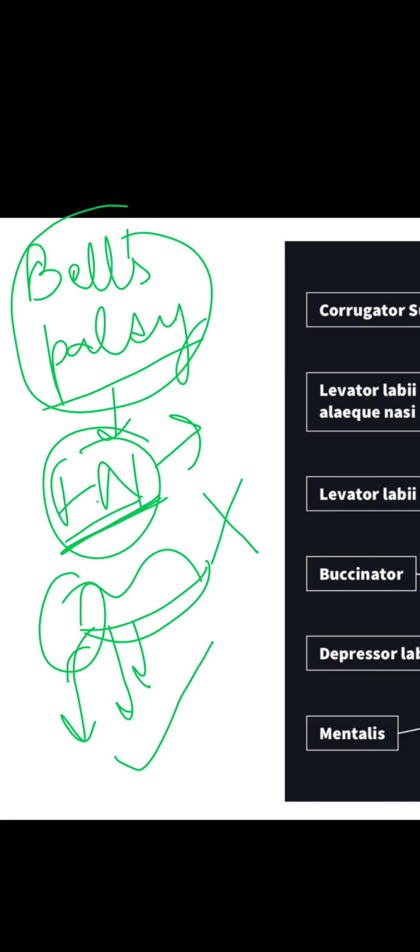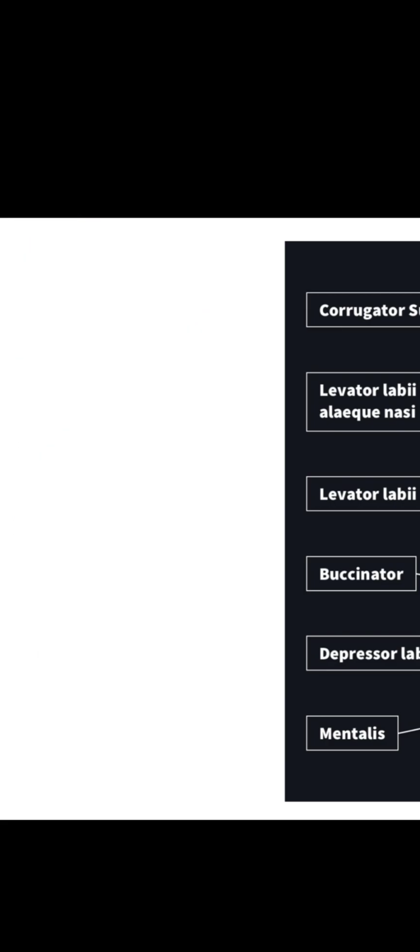So it would start to accumulate food, and it's very common to see food accumulation in patients of Bell's palsy, just because the facial nerve, which supplies the buccinator muscle and the muscles of facial expression, is paralyzed. So the buccinator is not able to perform its function.